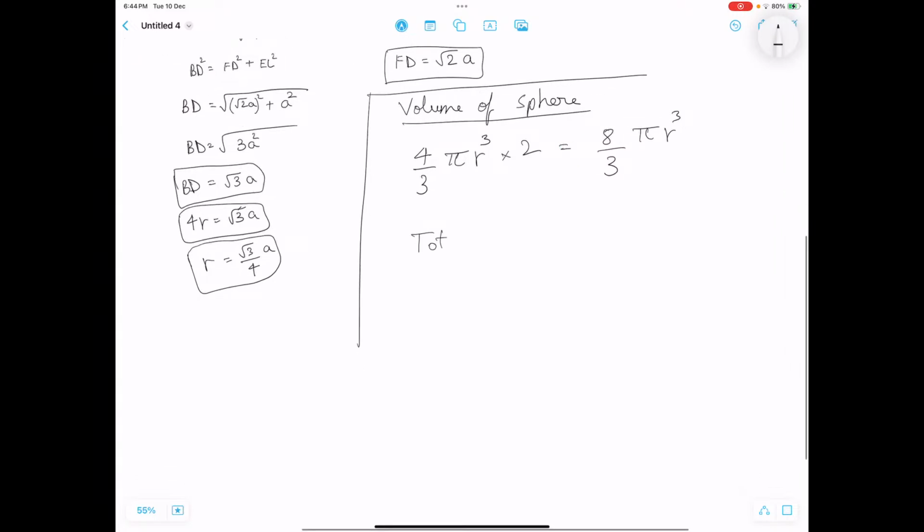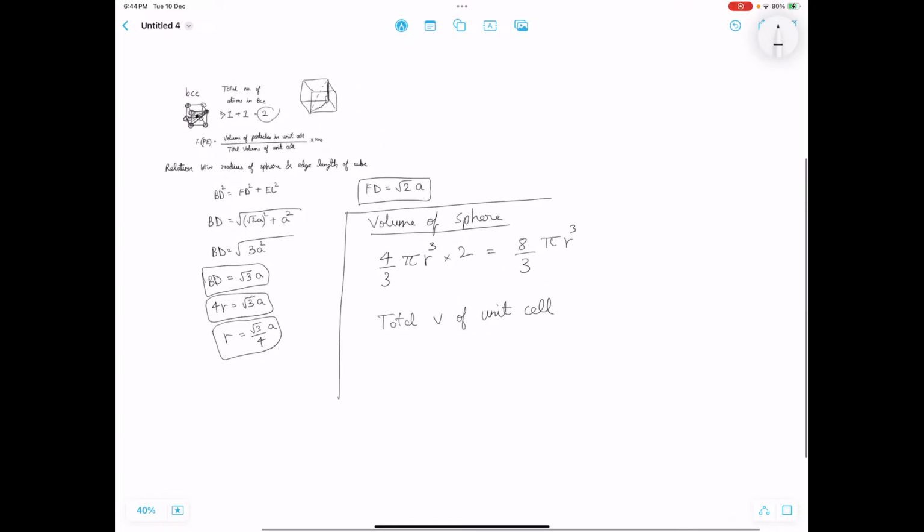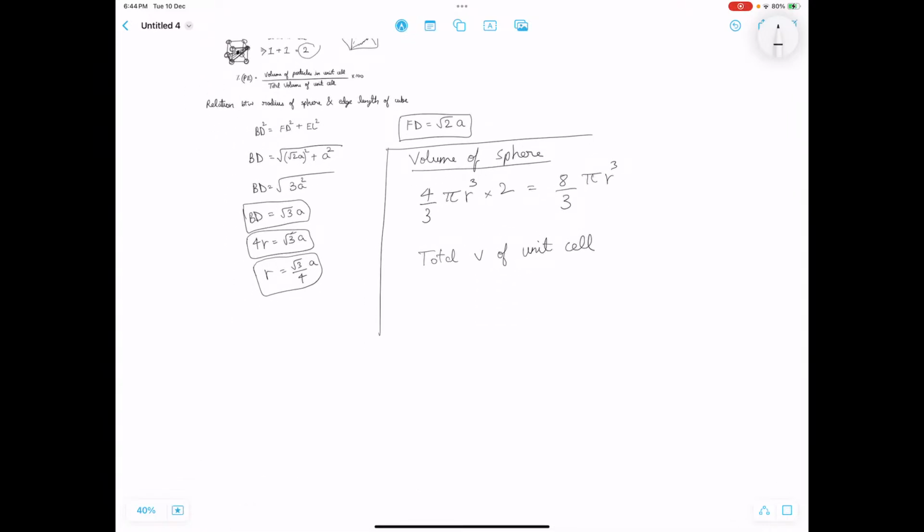Now we see total volume of unit cell, which is a cube. The volume will be equal to a cube. So how do you simplify this?